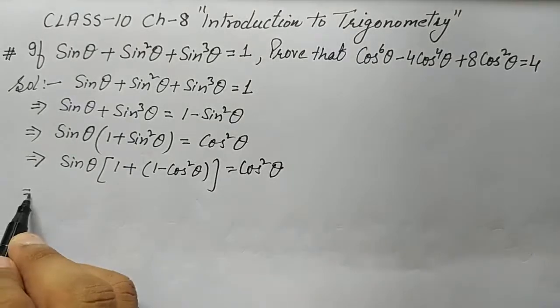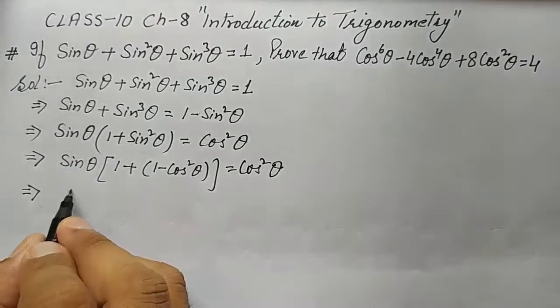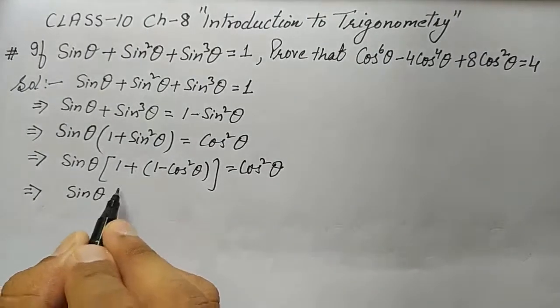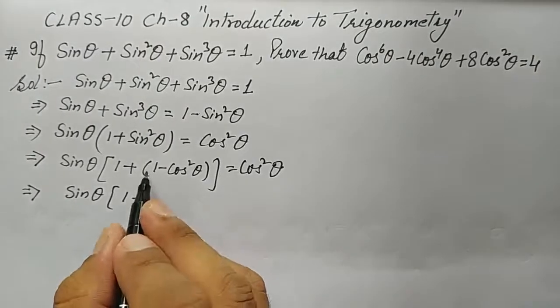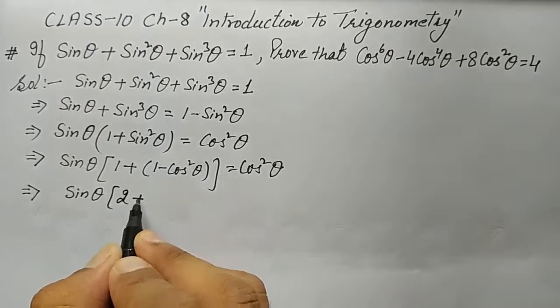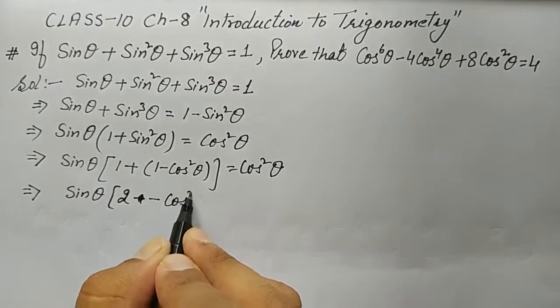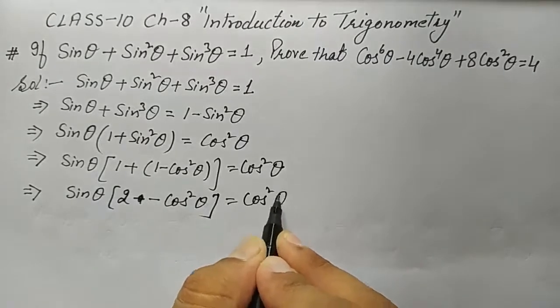So maximum we will try to convert sin into cos. So let's see what will happen. 1 plus 1 you can write directly 2, and then it is minus cos square theta, is equal to cos square theta.